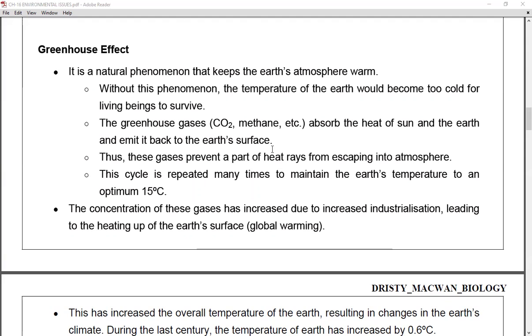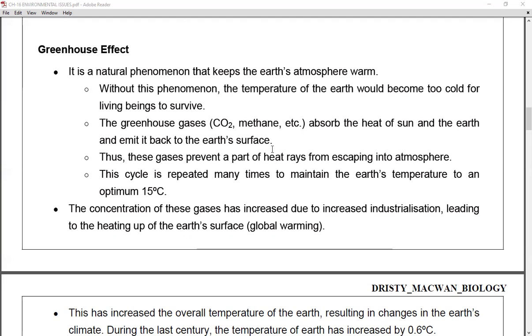For this reason the earth's atmosphere becomes quite warm, and these gases prevent a part of the heat rays from escaping into the atmosphere.